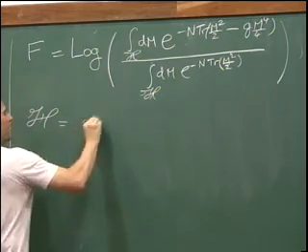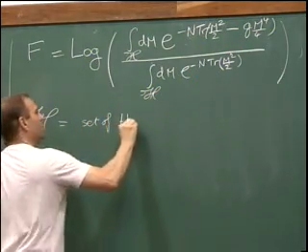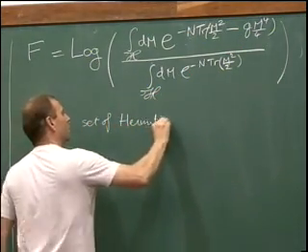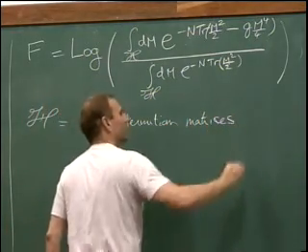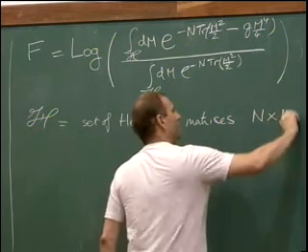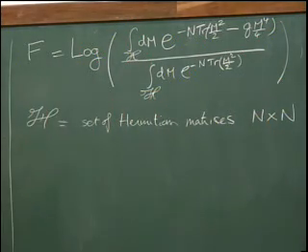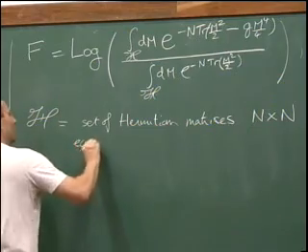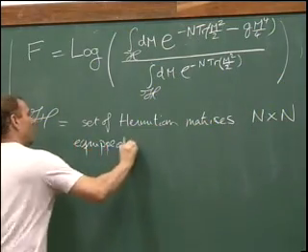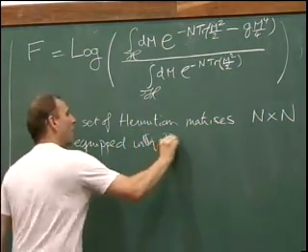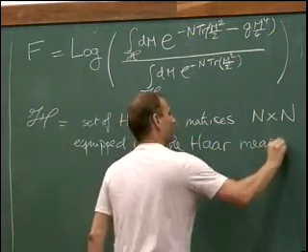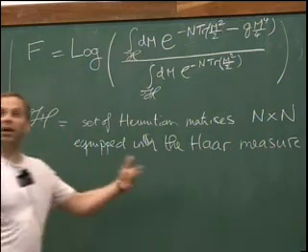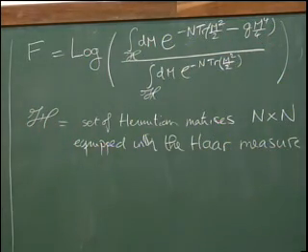So it's the set of Hermitian matrices of size n by n, okay, equipped with the so-called Haar measure. So it's just a flat measure on the matrix entries.